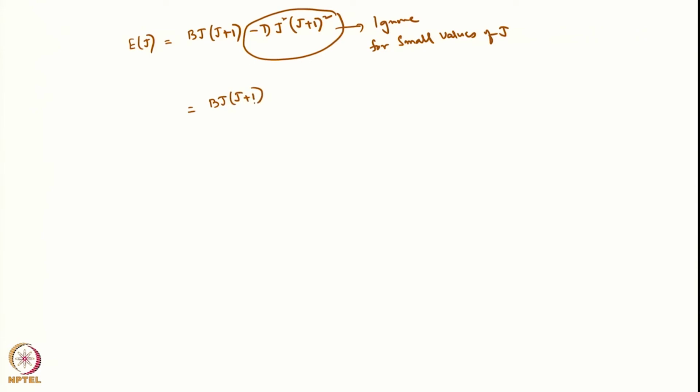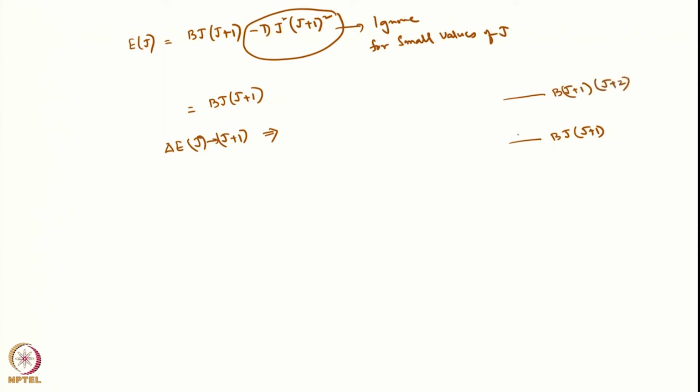Okay. And when you look at the transitions, delta E from J to J+1, what will it go from? So, this value will be BJ(J+1) going to B(J+1)(J+2).